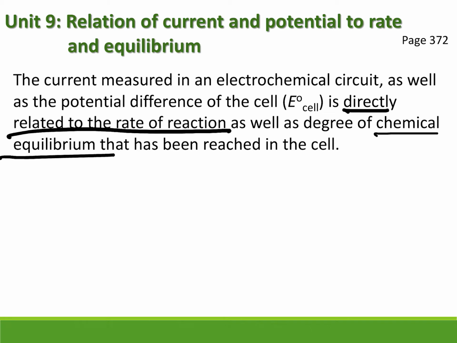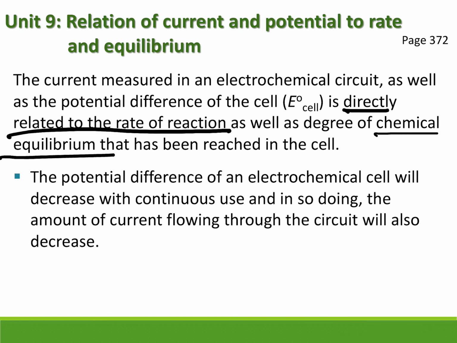Once we get to a point where it's reached equilibrium, it's reached this place where it's reached a zen, it's the best way to think about it, and it goes, okay, no more difference in energy in each cell, that's fine, I'm going to stop working. So the potential difference of an electrochemical cell decreases with continuous use.